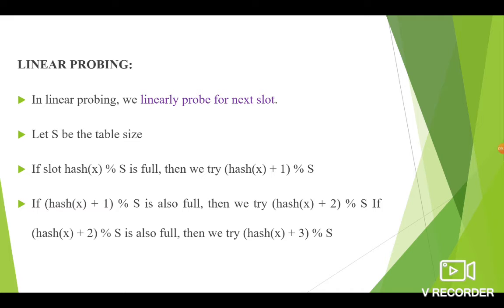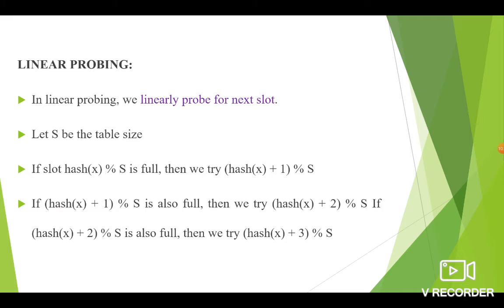The method is called linear probing. Why is it called linear probing? Because we linearly probe for the next slot. Consider S to be the table size. The slot is hash of x modulus S, so this is our hash function.